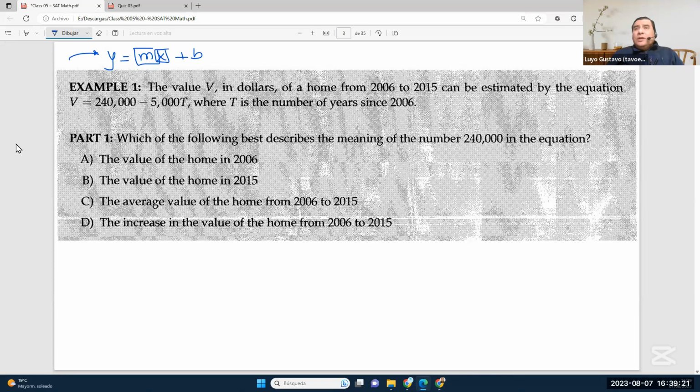So when you interpret the terms of a linear equation, it means when x grows by 1, y grows by m units, right? Remember the concept of the slope?